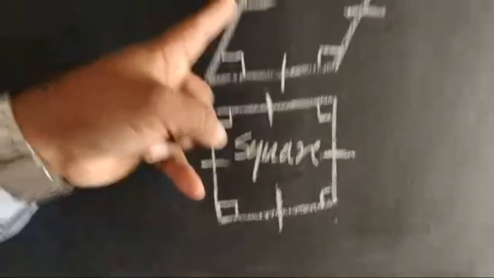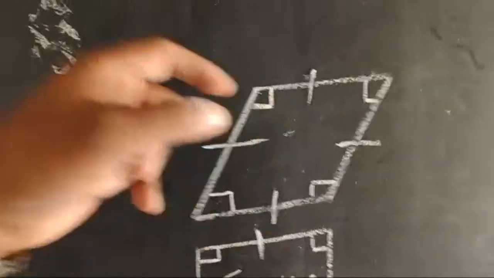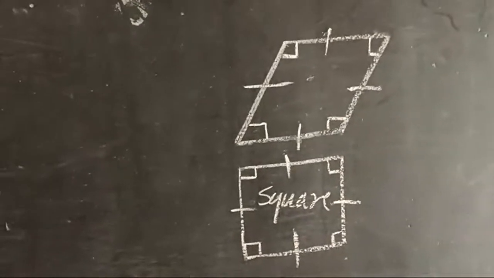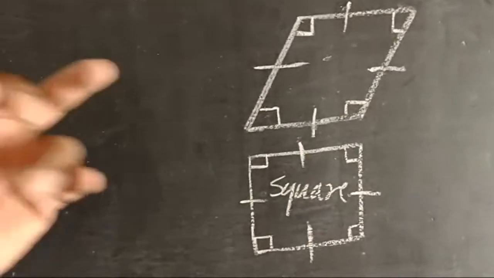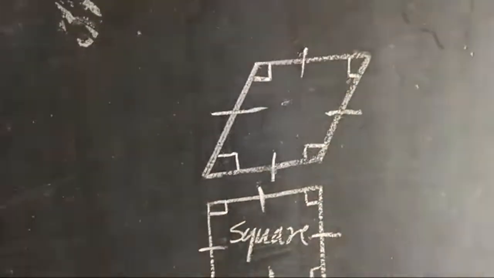If all sides are congruent, then it is called a rhombus.